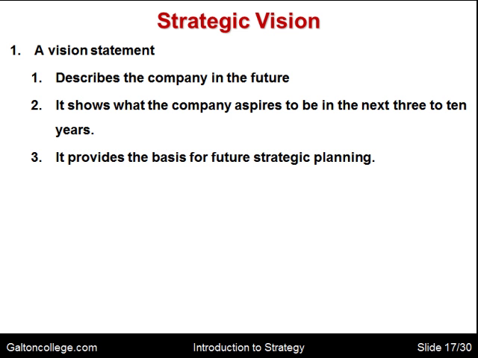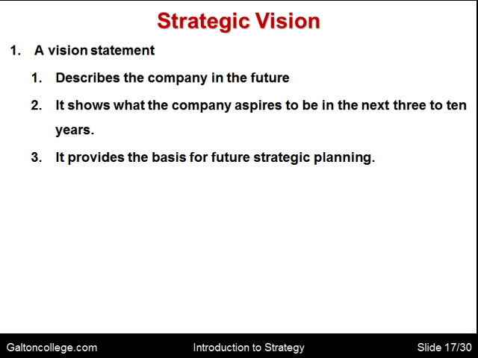It's imagination based on business calculations, business projections, business ideas. It's based on entrepreneurship. So it describes the business in the future. It shows what the company aspires to be in the next, say, 3 to 10 years. Where will the business be? And because it does that, it provides the basis for future strategic planning.